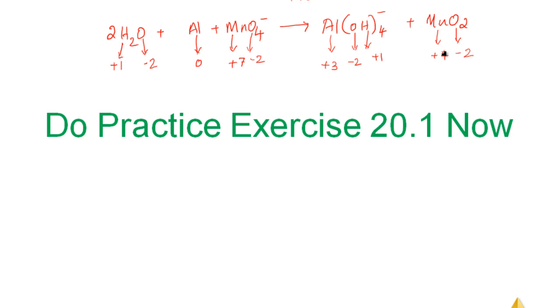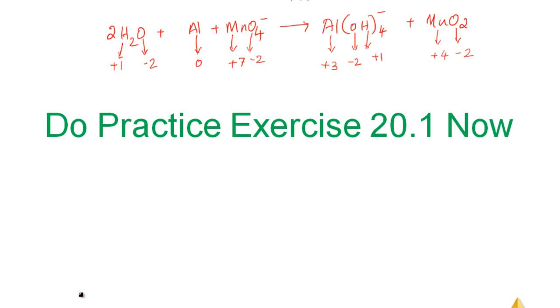So, it has to be manganese and aluminum. Let's check what is going on with each. Aluminum was 0, now aluminum is +3. What happened to aluminum? It lost electrons, or got oxidized. Manganese was +7, now it is only +4. That means it gained electrons, so it is reduced. All right, good.